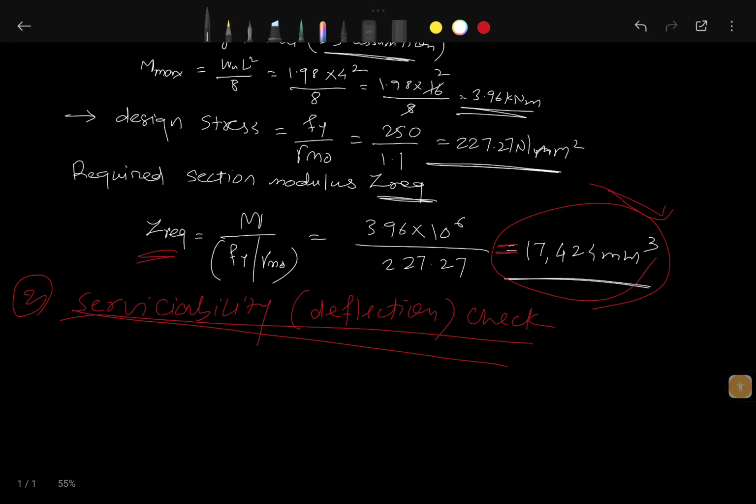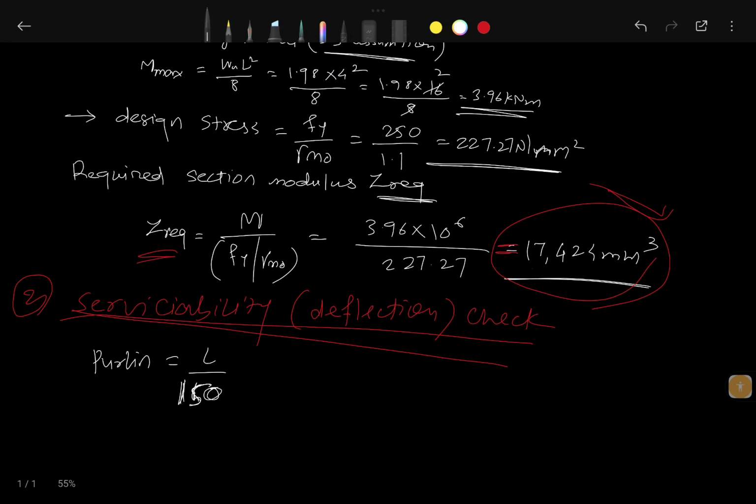For serviceability, the deflection limit for a purlin supporting roofing, commonly used, is length divided by 180 or 150. Length divided by 150 for roofing.